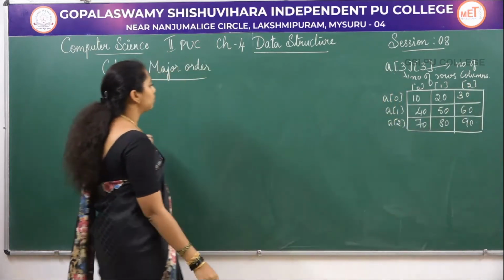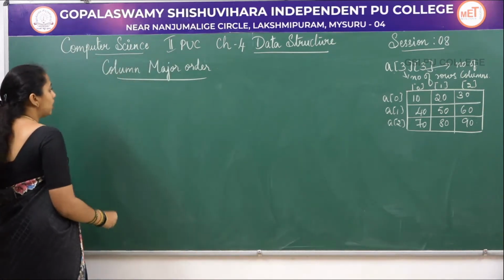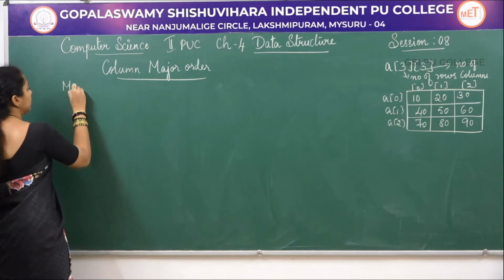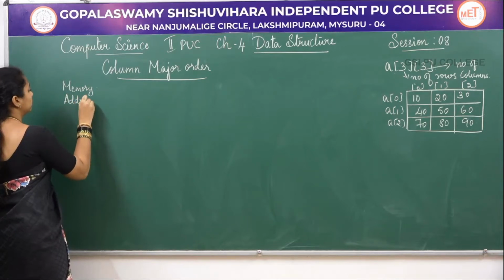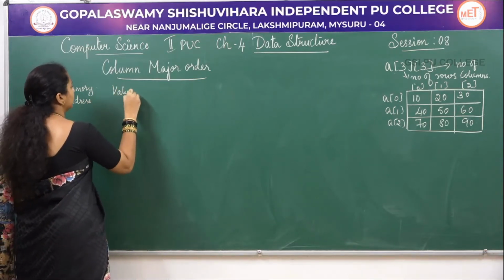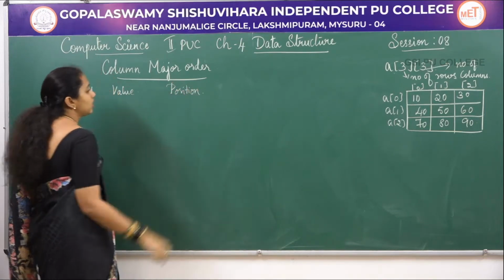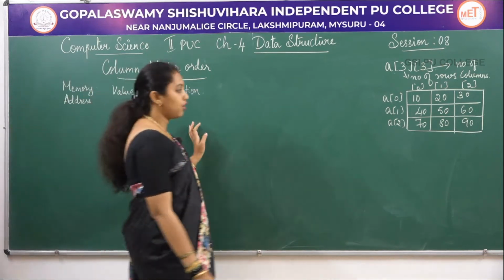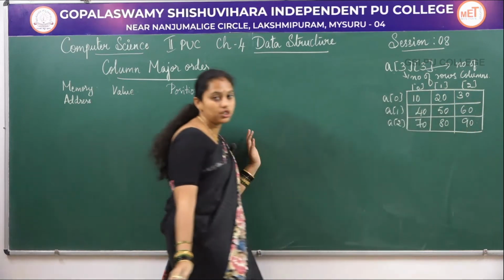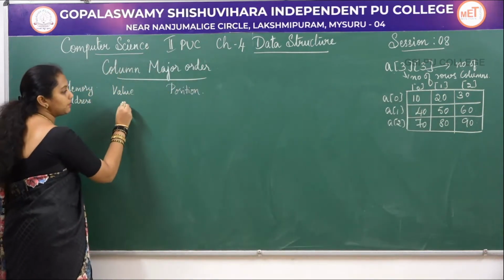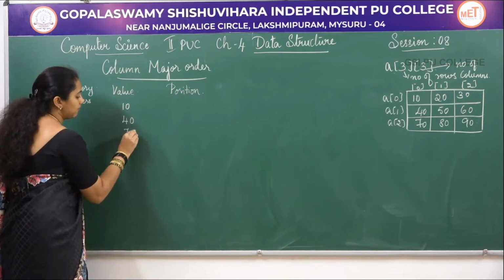So now let's see how to represent the array elements in column major order. In column major order, first we are going to store the elements of first column, then the second column and then the third column. So the first column elements are 10, 40 and 70.